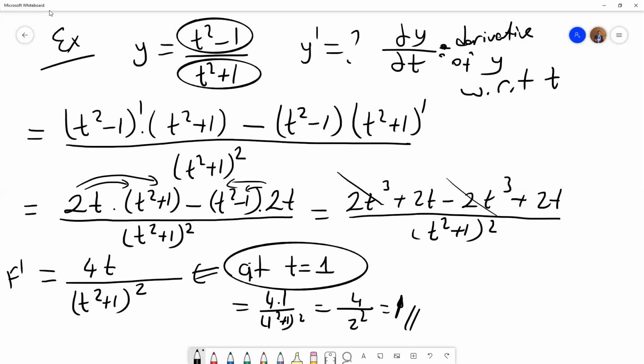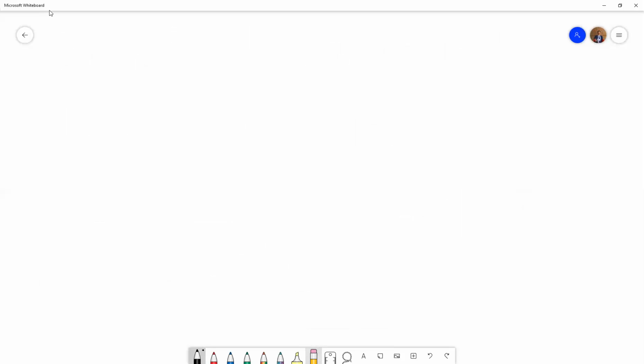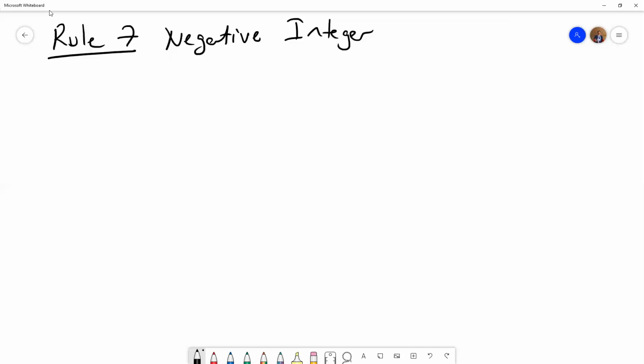And now we have another rule. Which rule? Rule 7, negative integer powers of x.